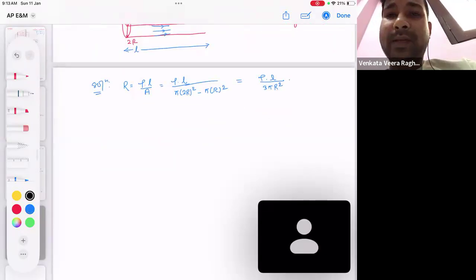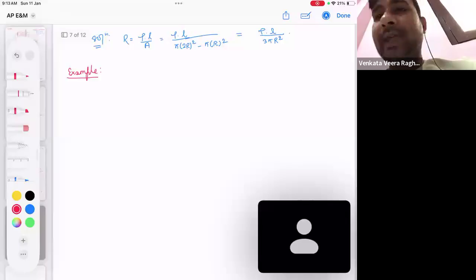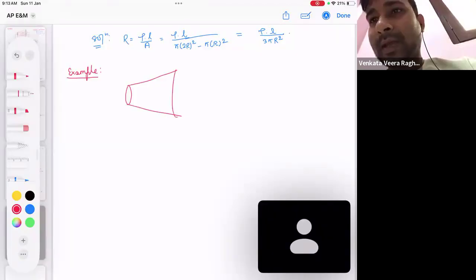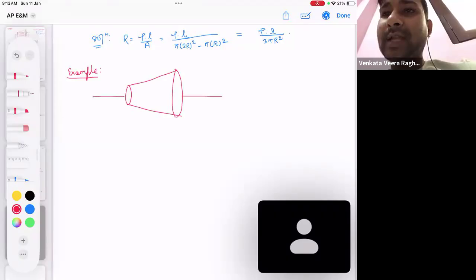Right. Now, let's discuss an example here. In this example, what is given to us? A conductor is given to us, and the conductor is in the shape like this. Can you see the radius of conductor is changing as we go from one end to another end, isn't it? And current is flowing like this.